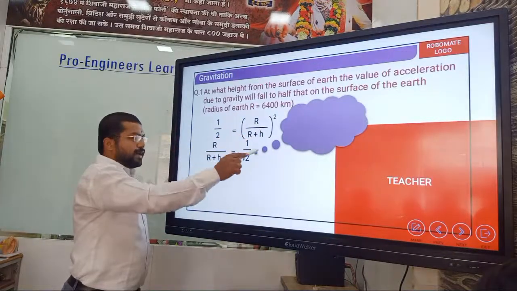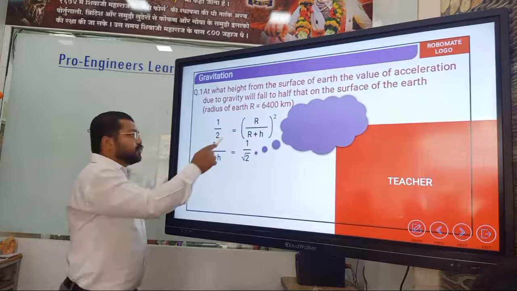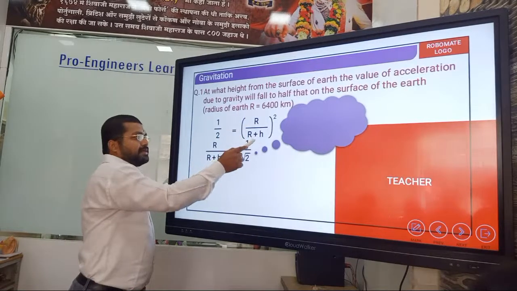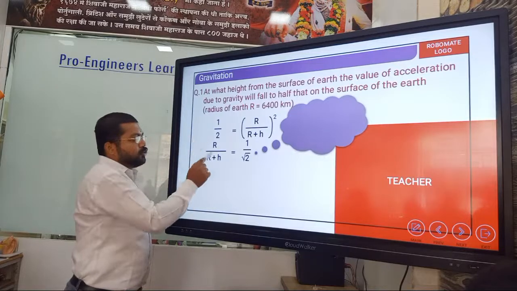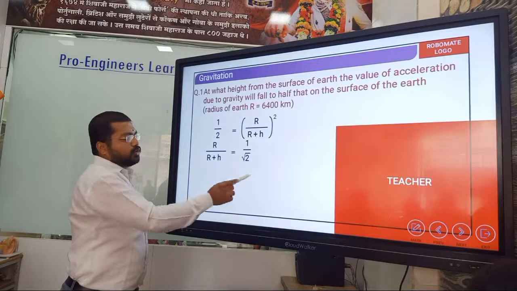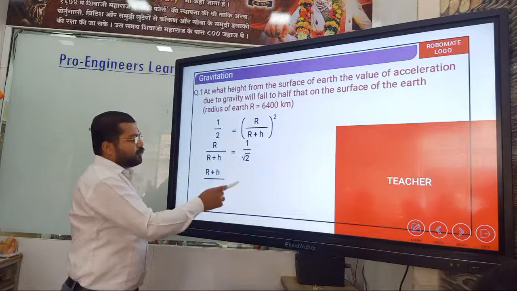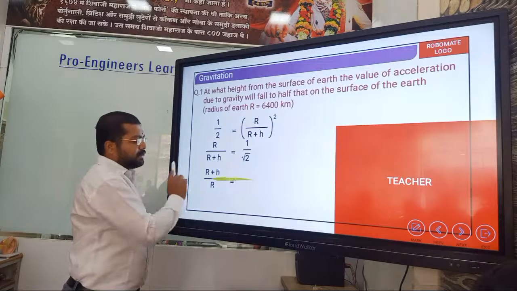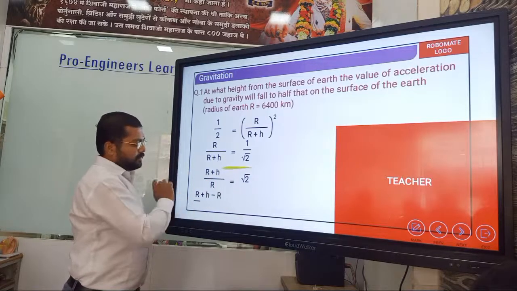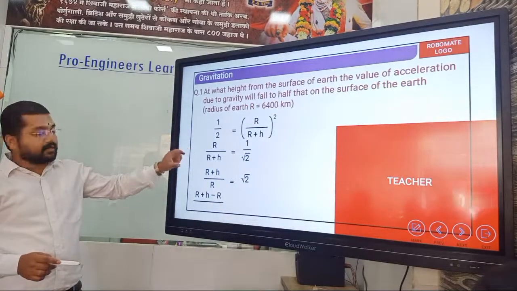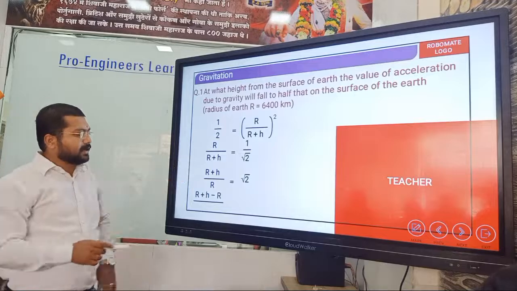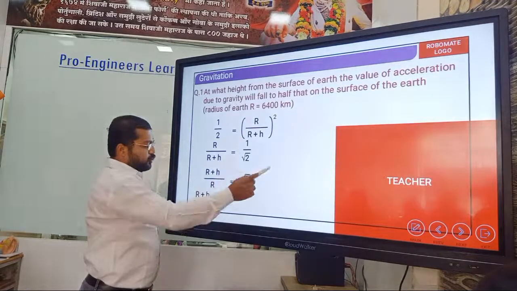So taking square root on both the sides, R upon R plus h the whole square became R upon R plus h. 1 upon 2 became 1 upon root 2, and the value of root 2 you can directly put over here, or else take a transpose of it. So R plus h upon R equals root 2.